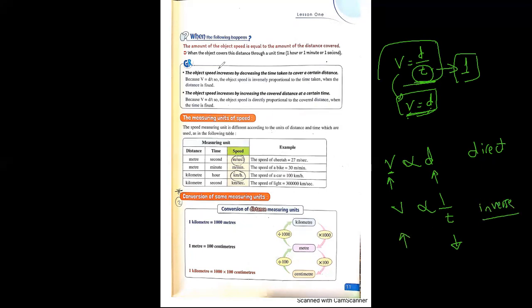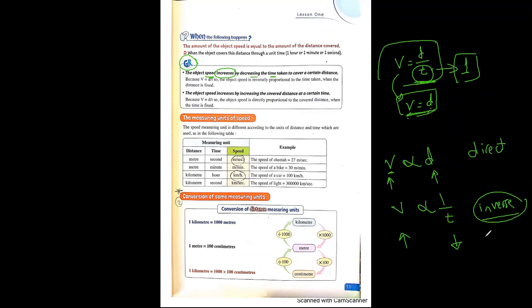The object speed increases by decreasing the time because it is an inverse relation.